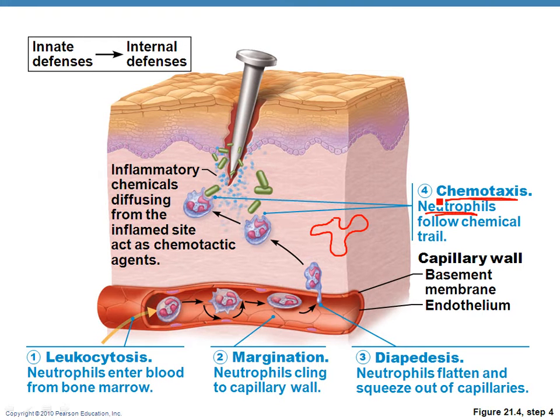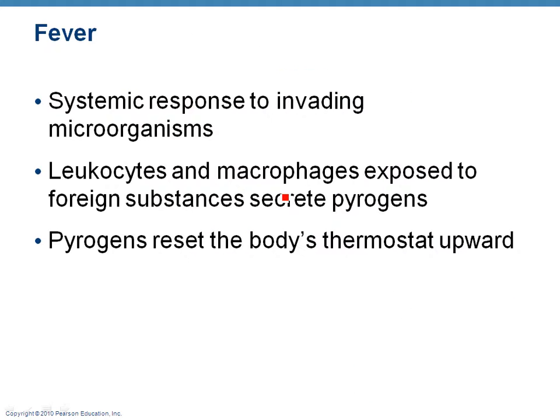It's kind of like a chemical trail of breadcrumbs. Those chemicals are going to be more concentrated around areas where the damage has occurred, where the microbes are located. So they're going to travel towards those. They're going to home in on these invading critters by this process called chemotaxis, a chemical trail of breadcrumbs.